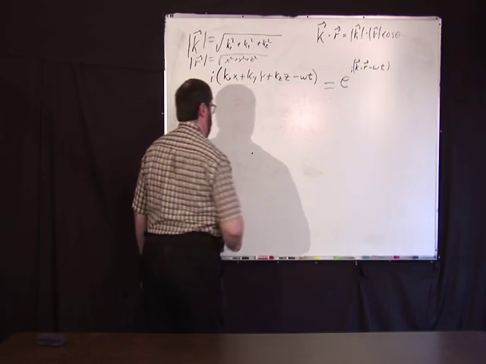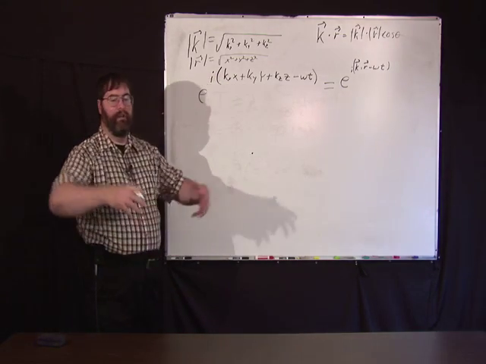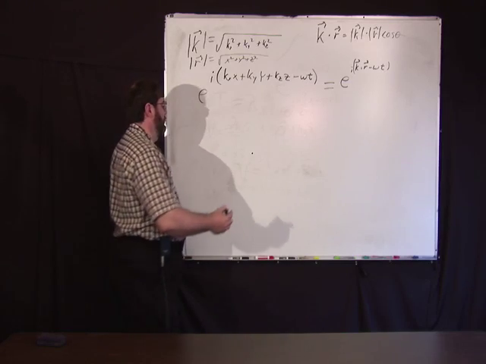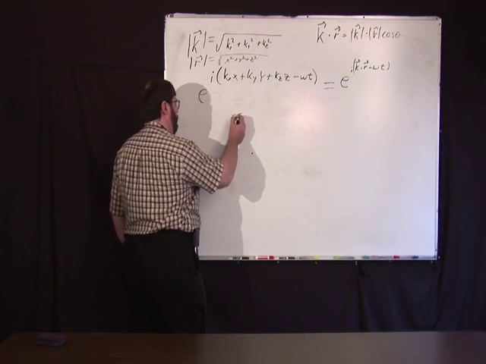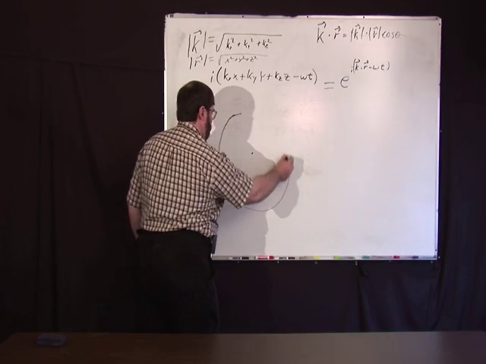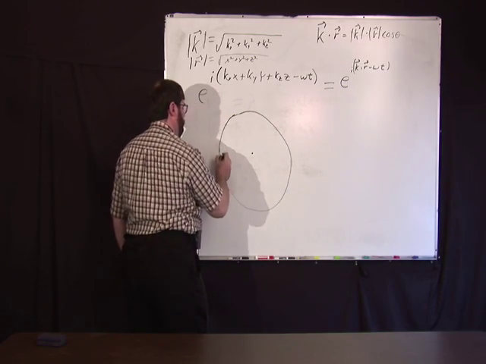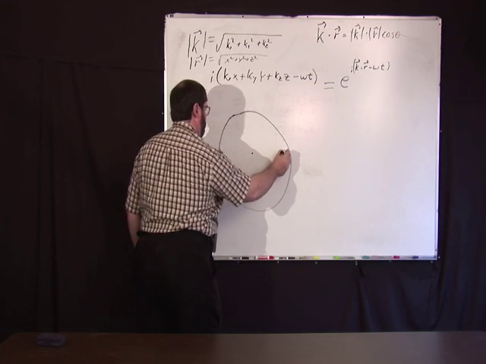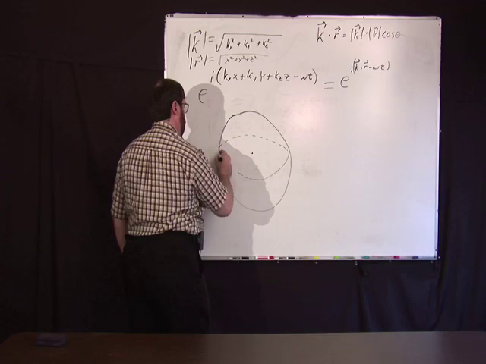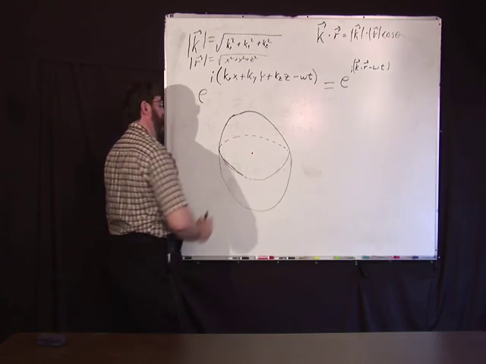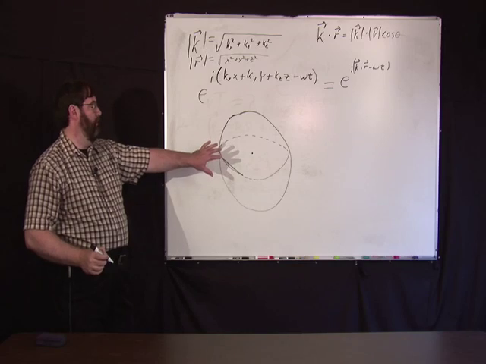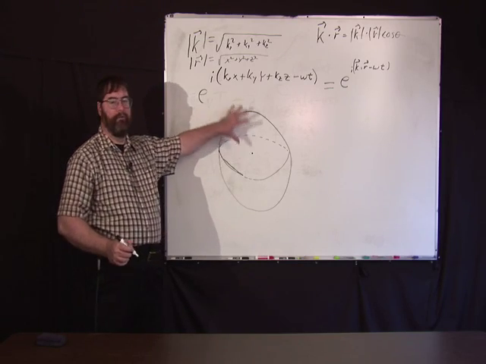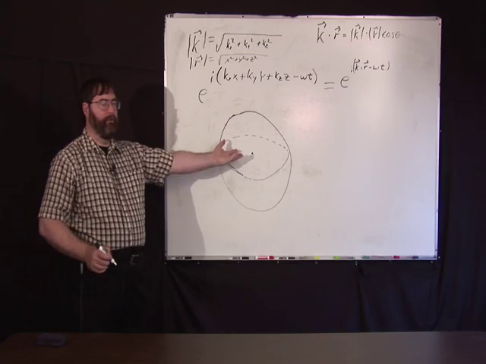If you have a point that's an isotropic radiator, that means it radiates equally in all directions. Because of conservation of energy, this is important, all the power radiated from here is going to distribute evenly over a sphere centered on that point.